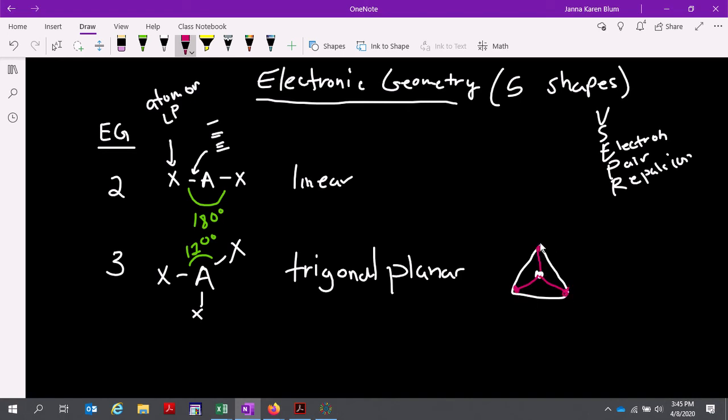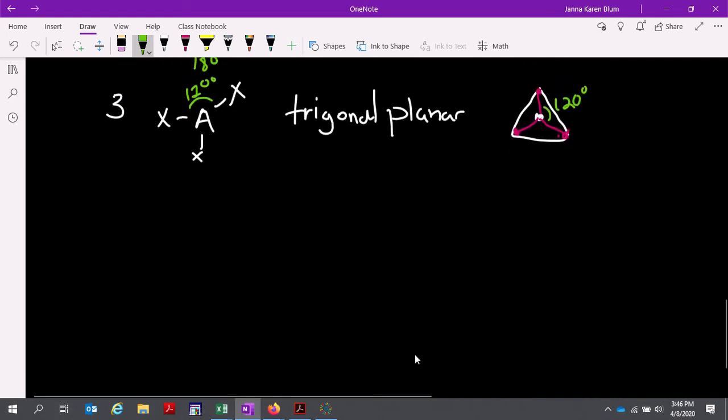And they're coming out to the corners of that equilateral triangle. And that gives me that angle of 120 degrees, and that's where it gets its name, trigonal planar. So let's continue this on.